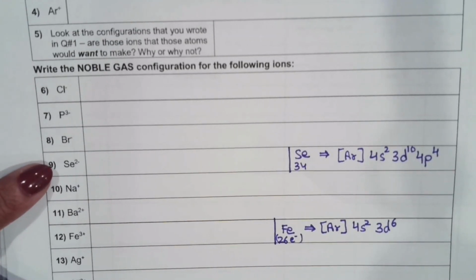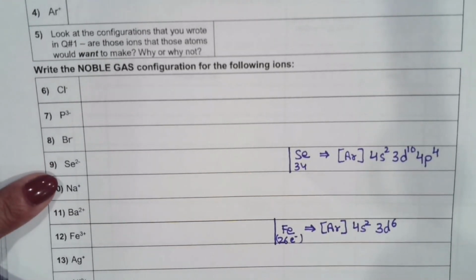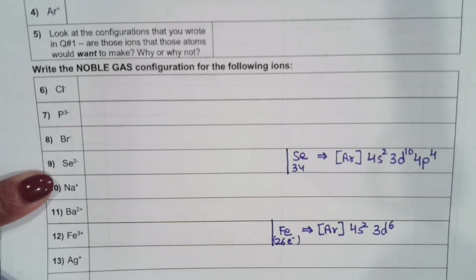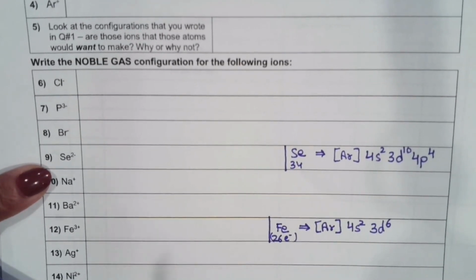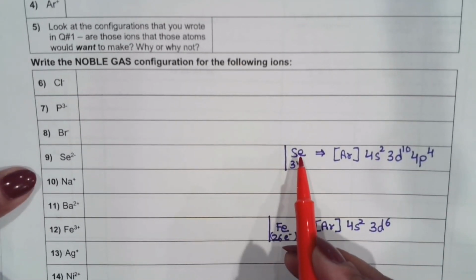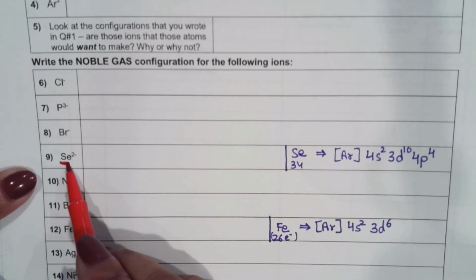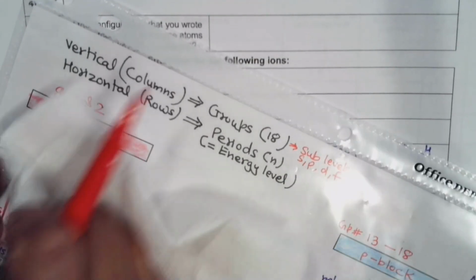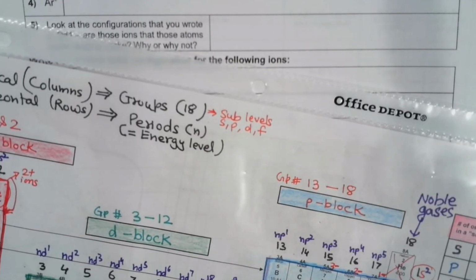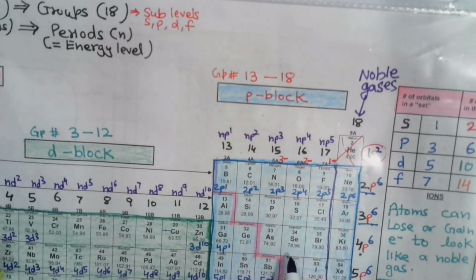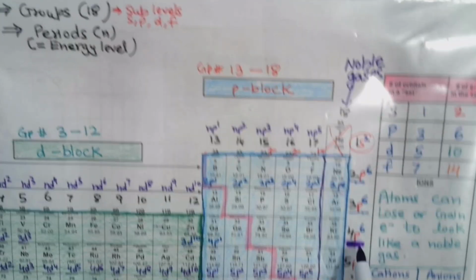Right? So let's start. Now how do we write noble gas configuration of ions? First of all, we need to write down the noble gas configuration of that neutral atom. If you check your periodic table, let's do selenium. Selenium is located in the 4th period, right here.